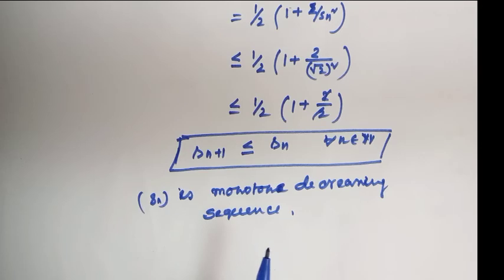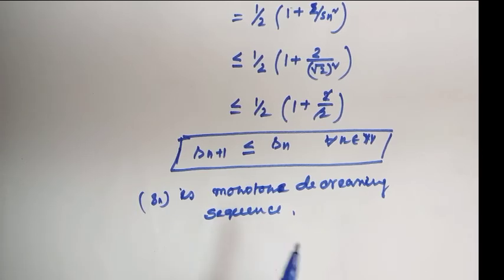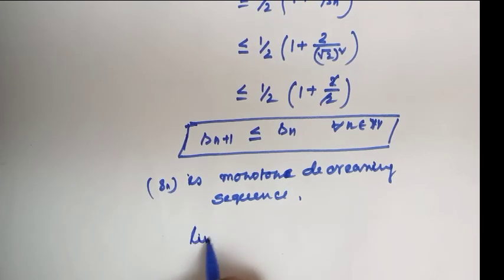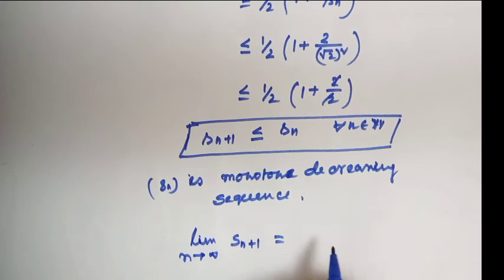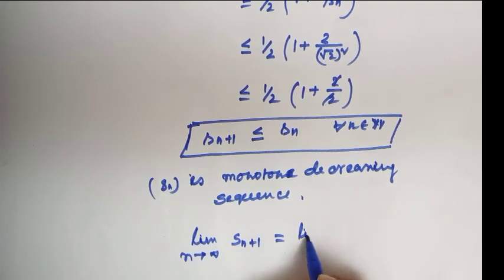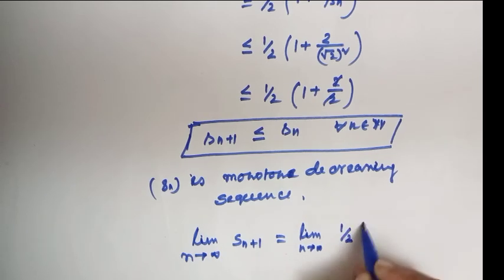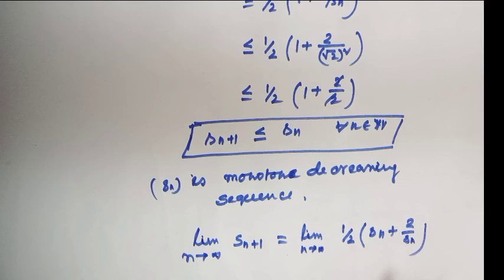Since the sequence is convergent, if I apply the limit on both sides, then I will get the limit as n tends to infinity of S_{n+1} equal to the limit as n tends to infinity of 1/2 (S_n + 2/S_n).